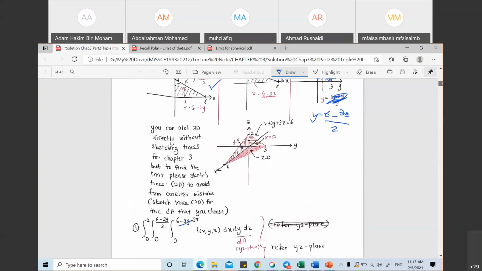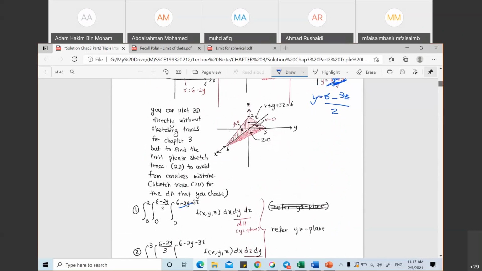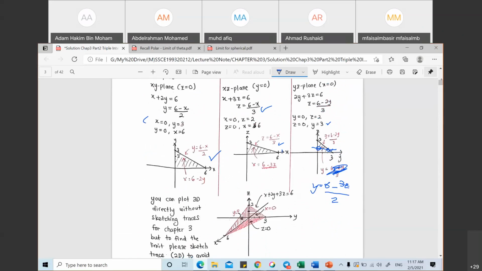So the first one is correct, right? Okay, see the second one. dz dy, which means cut at y. Here to here, y is 0 to 6 minus 3z over 2.